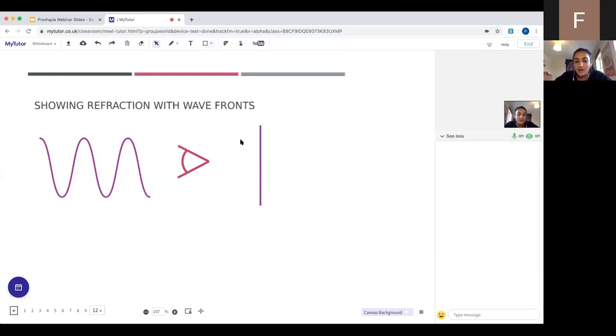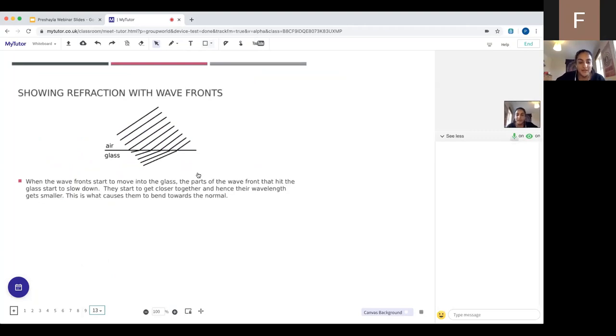So wave fronts are a nice way to neaten it up and show exactly what happens to the wave without having to draw all the squiggles. Okay, so we can show refraction with wave fronts. We already showed it with light rays. Now we're going to show it with wave fronts. So this is the second way of showing refraction.